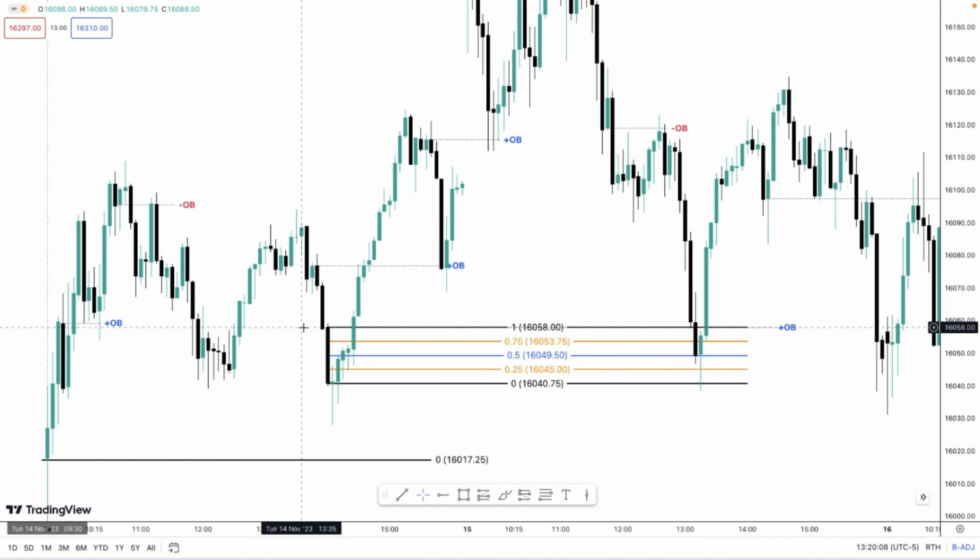So order blocks, guys, they're not necessarily one candle. For example, here, this bullish order block is one single red candle, while this bearish order block, both of them are one order block, right? So an order block is not necessarily the last up or down candle. No, there's narrative.